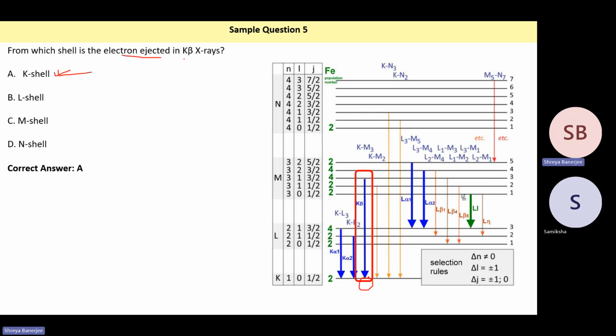See, it is K beta. M to K is K beta. L to K is K alpha. You can see these two arrows are K alpha, that is L to K. K alpha and K beta stand for the subshell of K. Wait, one second, let me go back.